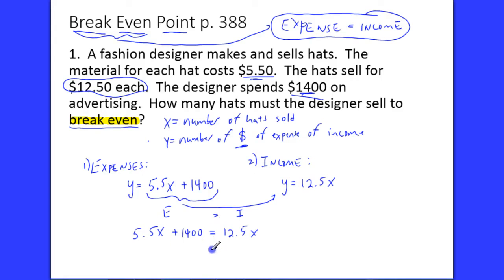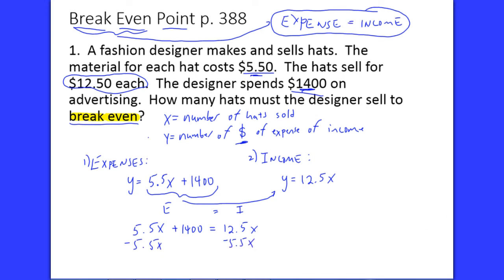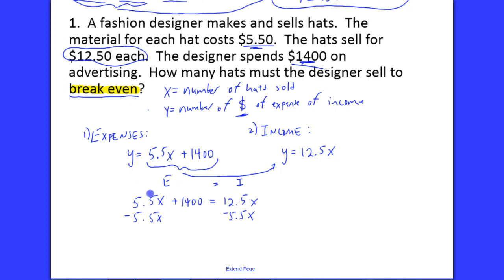Since I have 5.5x on one side and 12.5x on the other, and that doesn't have a constant, the smartest thing to do here would be to subtract 5.5x from both sides. That cancels out, and we end up with 1400 on this side equal to 7x, and we're almost done.